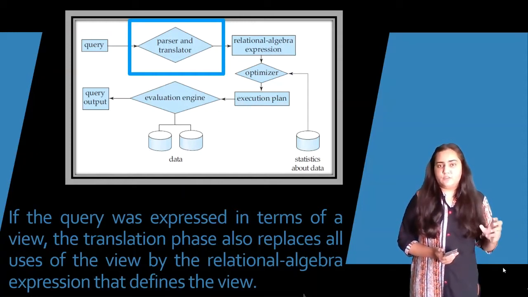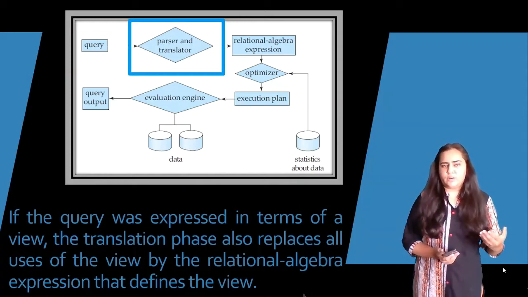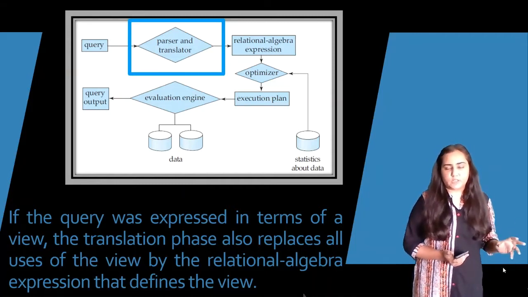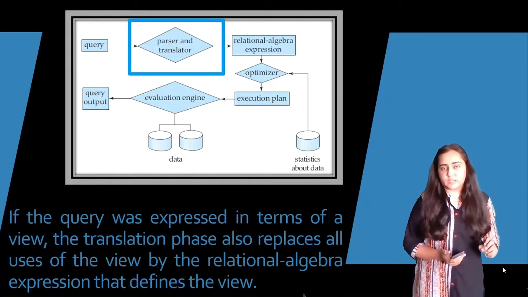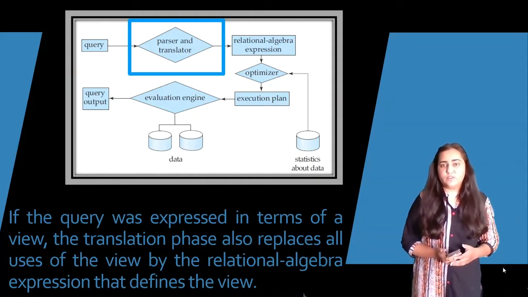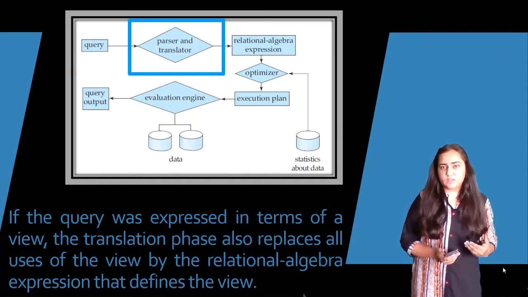So what is a view? A view is nothing but an imitation or an impression of the original table, but it's not a full impression. It is just the impression that you want to create of the table. So you can hide certain rows, you can hide certain columns and create a table that looks similar to the original one, but it's not a table at all. It's a query that runs every time you try to access that table.